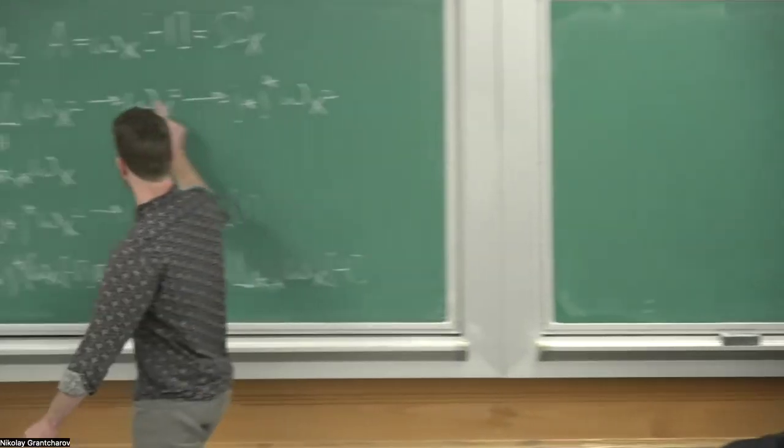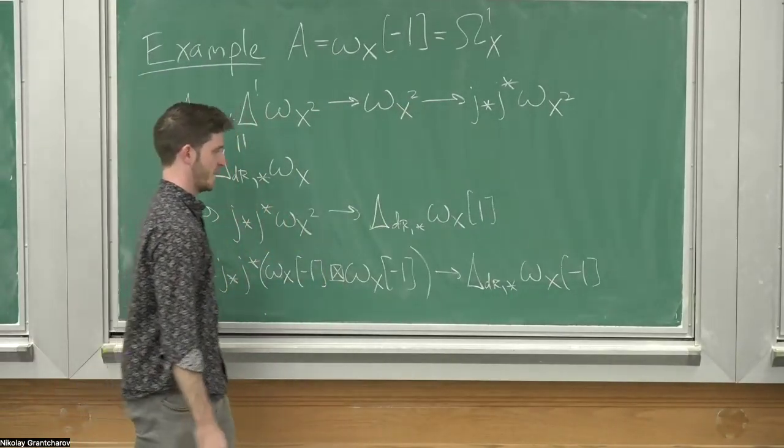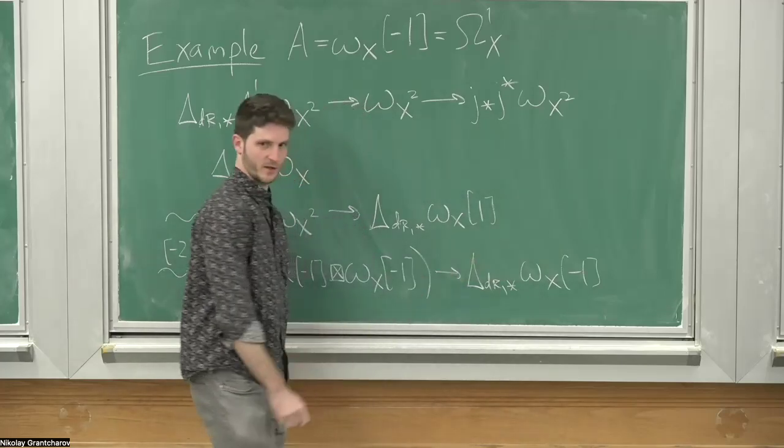Skew symmetry comes from the fact that omega of X squared itself is invariant under transposition of the coordinates, and that becomes skew symmetry because of this shift.